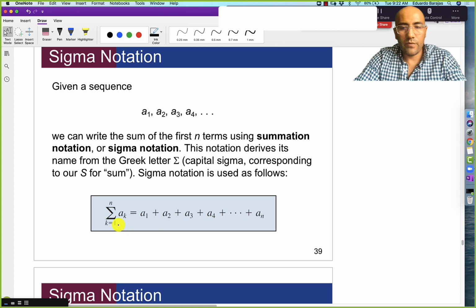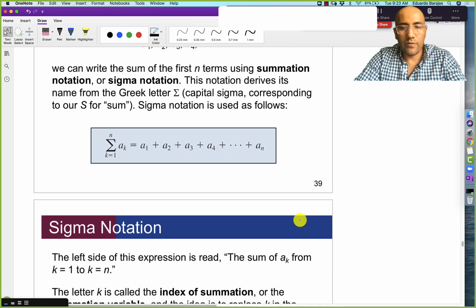This tells you where you're going to begin your counter, right? So the index here is the k. We use this little counter as k, and it will change starting at 1 and ending at, and including, this number up here. And it's always a sum for this notation. This giant sigma means it's a sum.